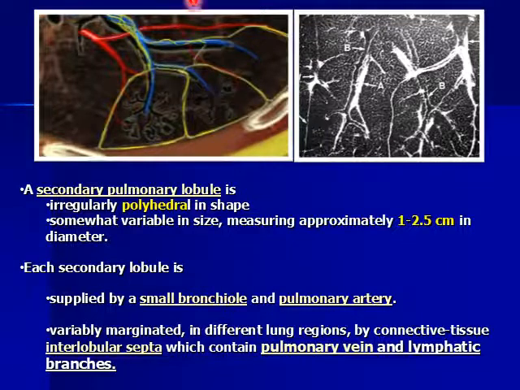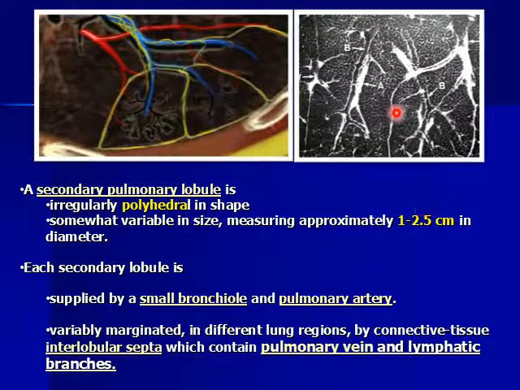Each pulmonary lobule is supplied to its center by an arteriole and accompanying bronchiole that reaches to the center of the secondary pulmonary lobule, while the periphery of the secondary pulmonary lobule is formed by the interlobular septi, which extend from the pleural surface perpendicular to it, and this margin or interlobular septi houses pulmonary venule and a lymphatic.